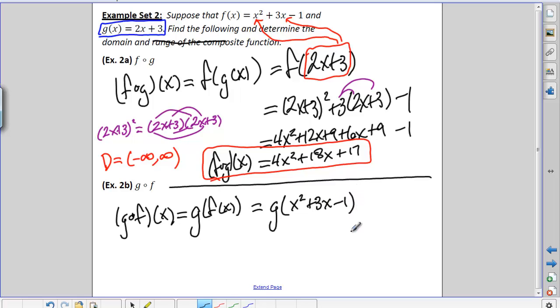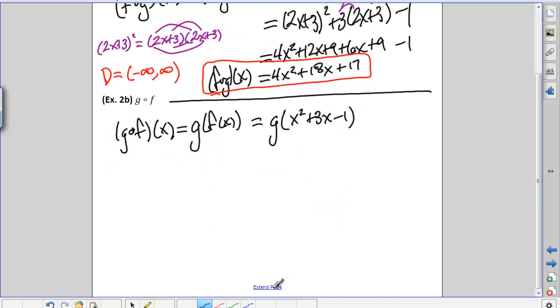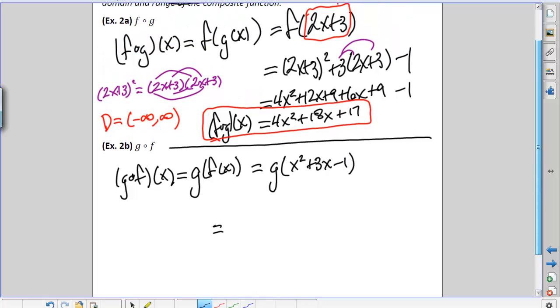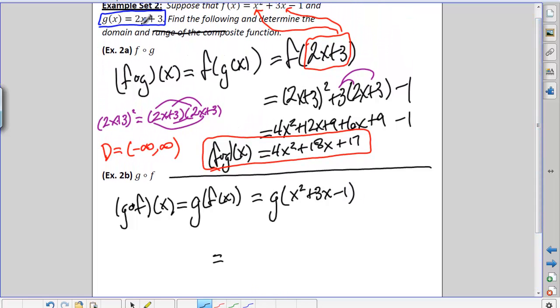So we always replace the inside function first. And now if we plug this, x squared plus 3x minus 1, into the g function, remember g is 2x plus 3, so that's 2 times x squared plus 3x minus 1 plus 3.